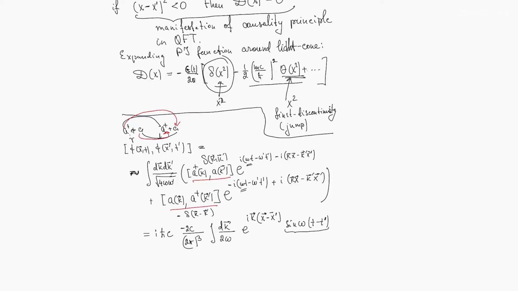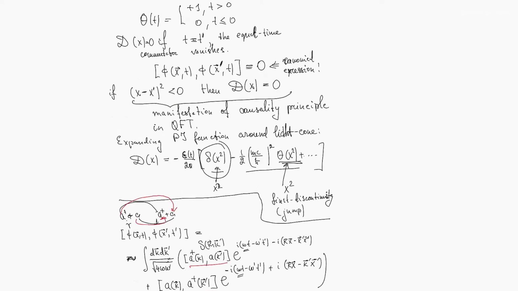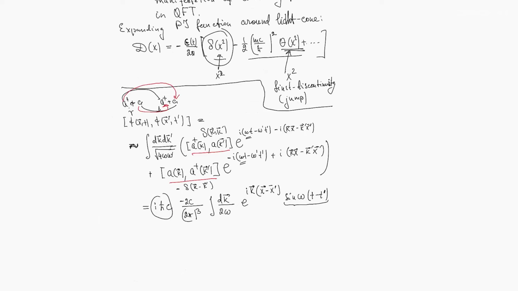And so if you now compare this with the definition of the Pauli-Jordan function, you see that this prefactor i h bar c you also have here. So D of x from this expression is identified as minus 2c divided by (2 pi) cubed, integral dk over 2 omega of k, exponential i k x, sine omega t.